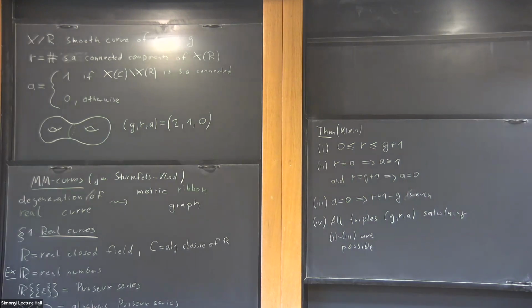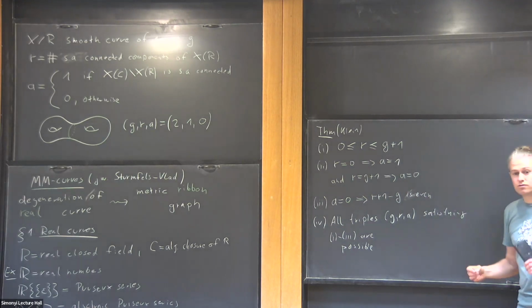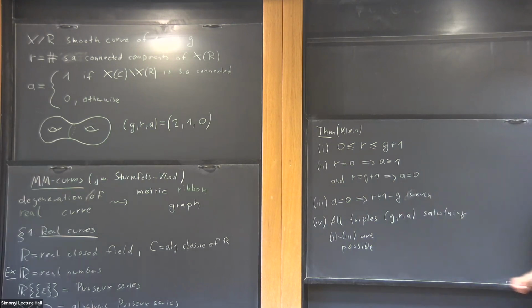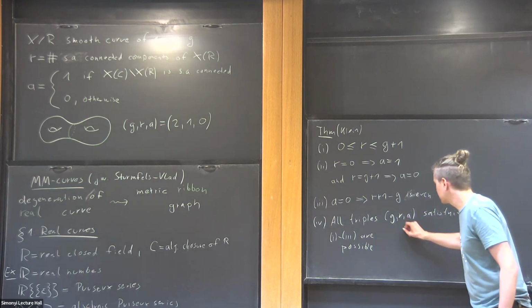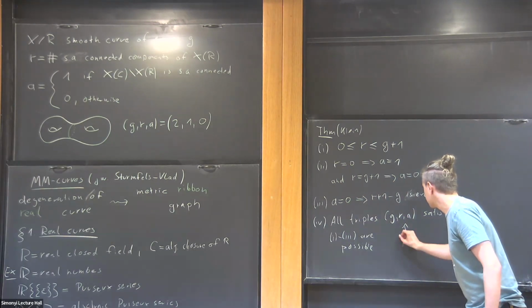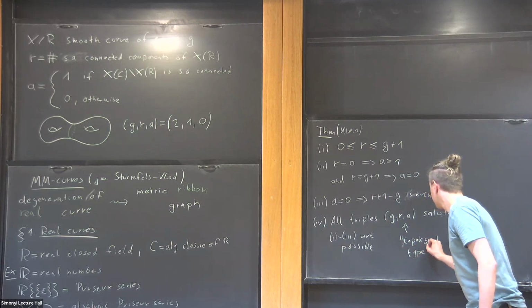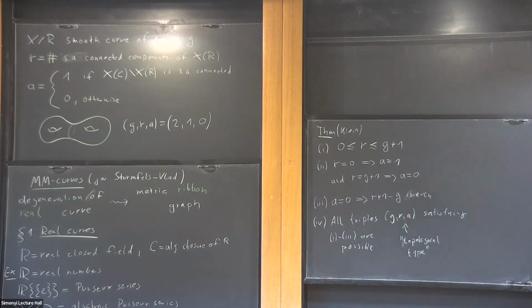This is one statement which was due to Klein, but then there's another, stronger statement which says if you take two curves of this type, then you can deform them. So these are the discrete invariants. I call it the topological type of the curve.